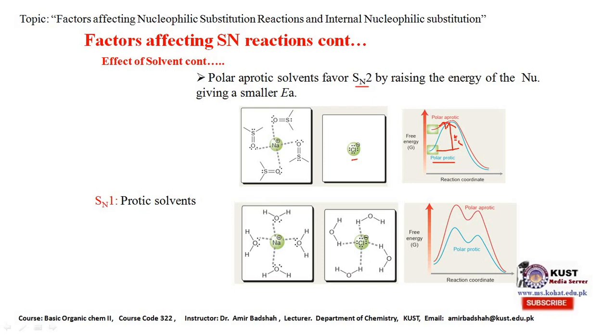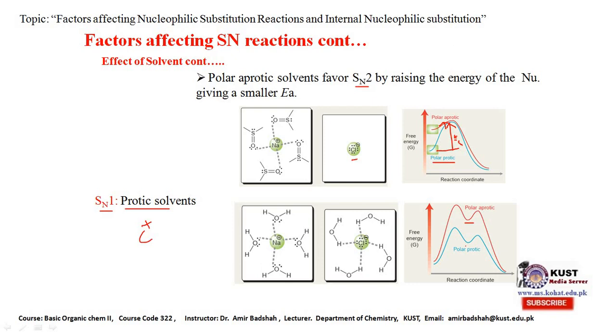But on the other hand, in case of the SN1 reaction, the protic solvent favors SN1. Why is it so? We know that in the SN1 reaction, a carbocation is formed, and this carbocation is stabilized by the protic solvent. As you see here, if we use a polar aprotic solvent, the carbocation which is formed is not stabilized as much compared to the polar protic solvent.